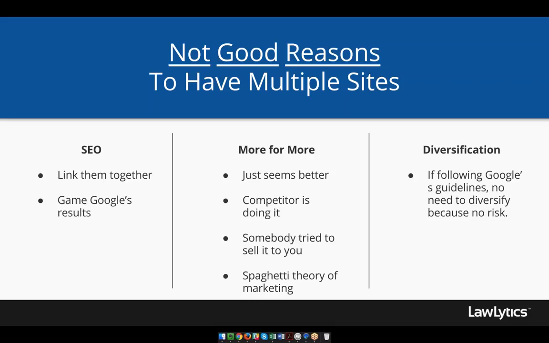And then diversification as a general reason to want to have multiple law firm websites. If you're following Google's guidelines, there's really no risk that your website is going to get harmed by something that has been done. And so there isn't as much of a need for you to hedge your portfolio, if you will, against something bad happening.